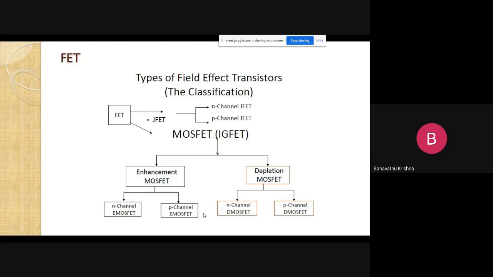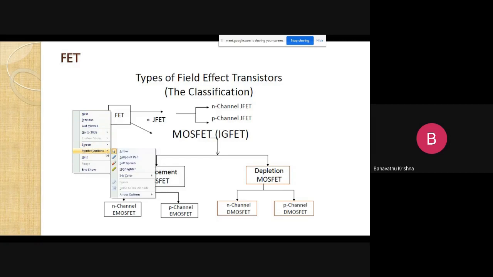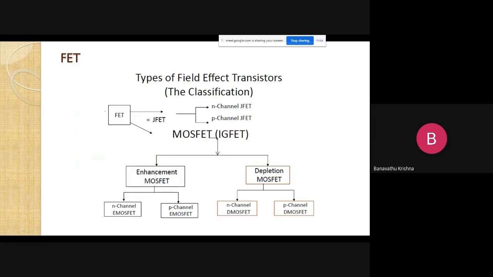So firstly, this is the field effect transistor flow diagram. Here it is. These are the types of field effect transistor. You already learned this from electronic devices and circuits. So this is the FET. It is classified into two types: N channel junction field effect transistor, P channel junction field effect transistor, and another part, the MOSFET, metal oxide semiconductor field effect transistor.